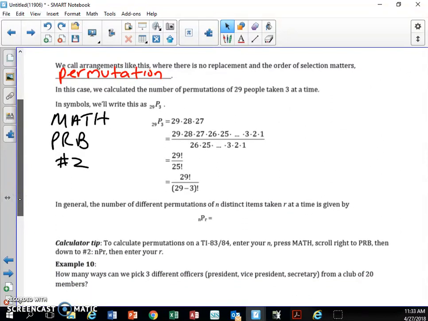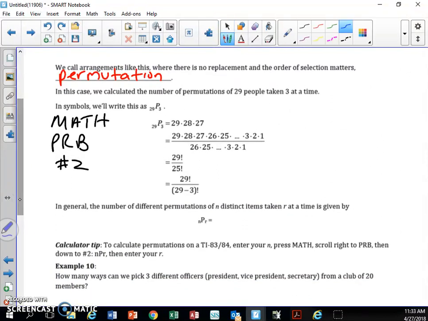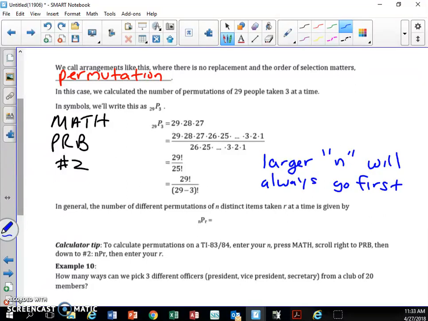So N, the larger number N, will always go first. Remember that. When you're doing this in your calculator, the larger number N will always go first. R will be the number that we're choosing from that N.